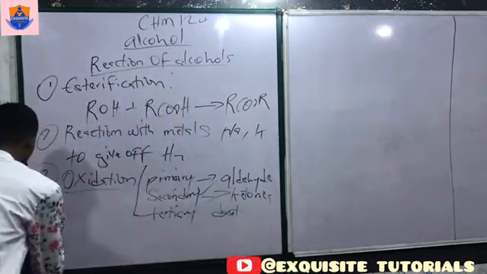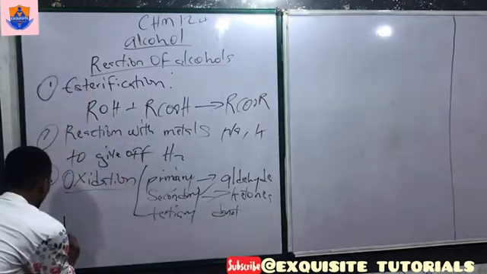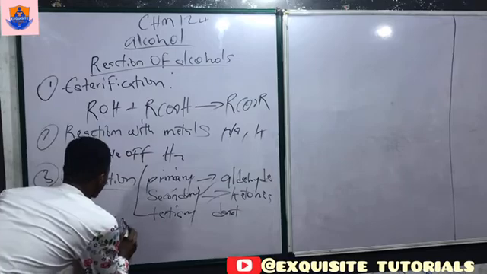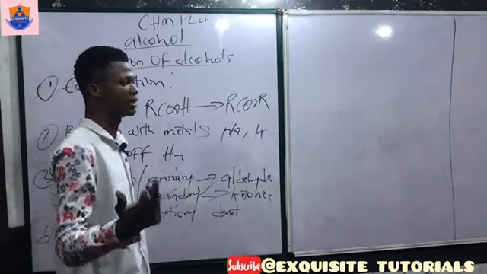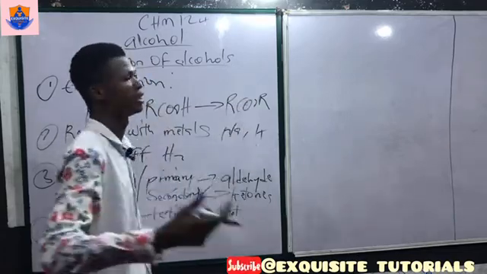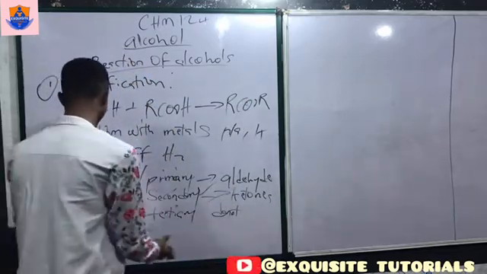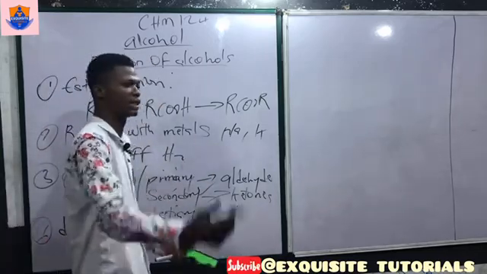Now, the fourth reaction that we're going to talk about is dehydration. Just like when we were talking about the synthesis of alcohols, we talked about hydration of ethene to give alcohol. The hydration, like I told you, is the addition of water.